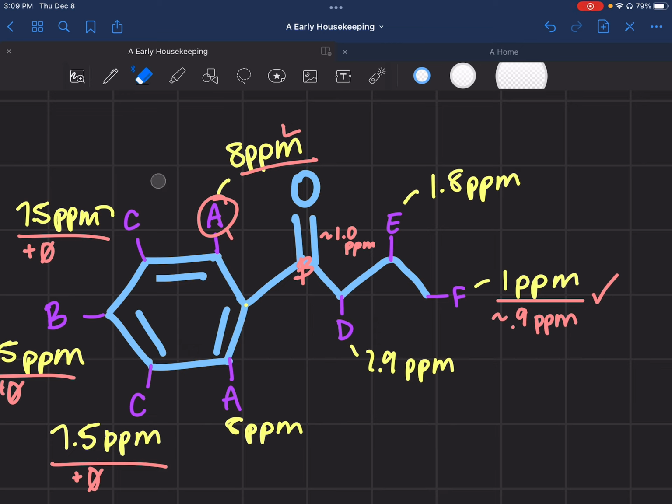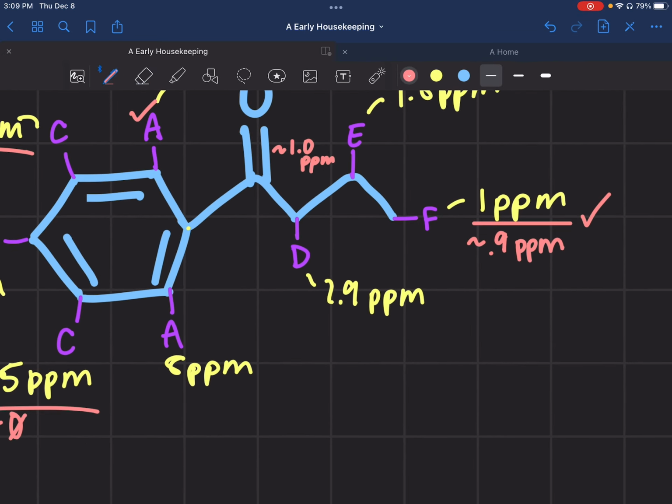Let's look at D. For D, it's a methine group. A methine group has 1.2 ppm as a reference value that we were given in class. That's what we're going to work with.